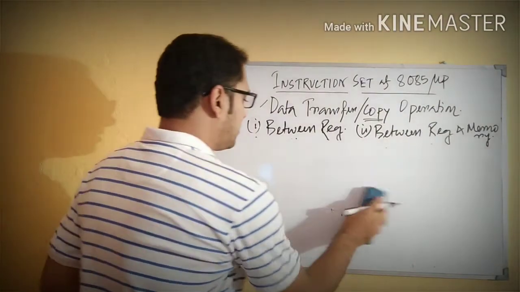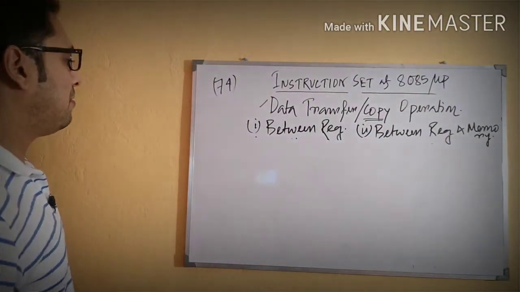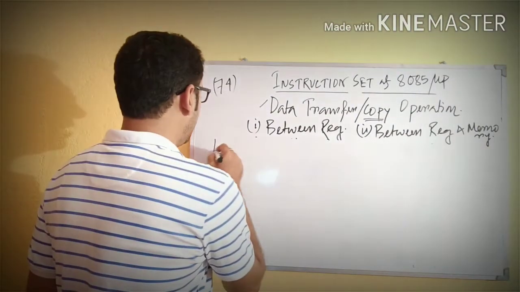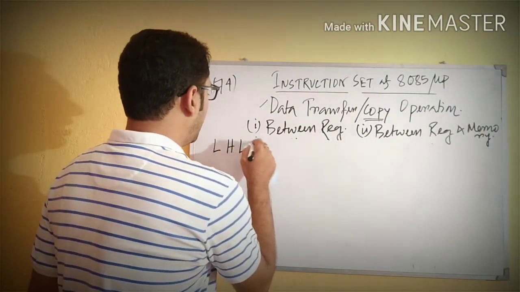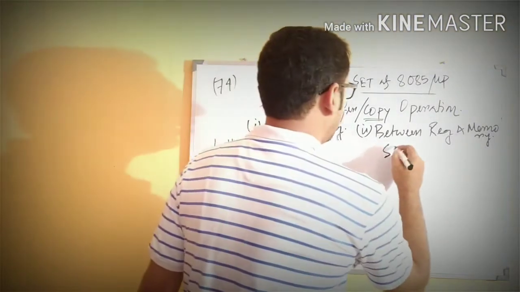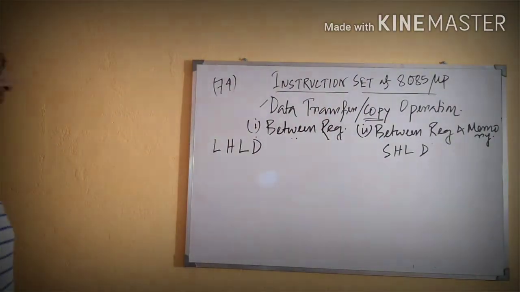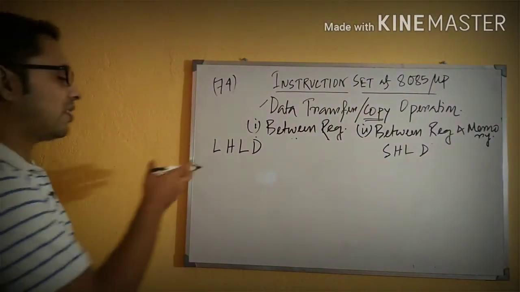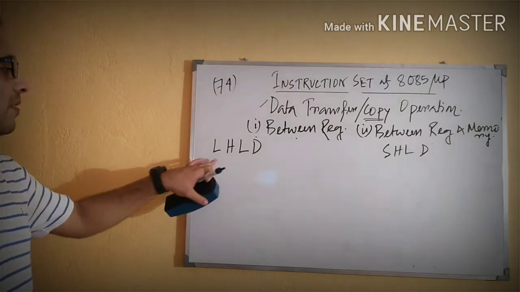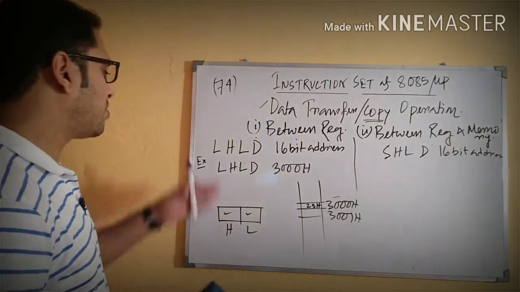Then we have other instructions, that is LHLD and SHLD. LHLD, from the words you probably can understand, load HL. Sorry, there is a technical problem there, so I should start once again.